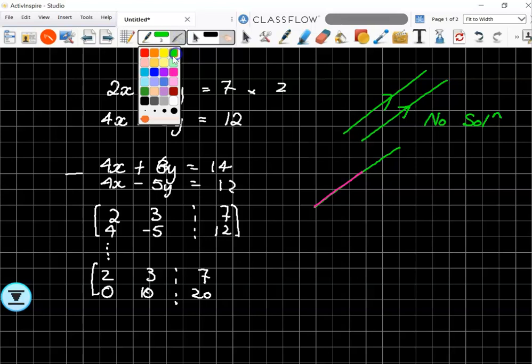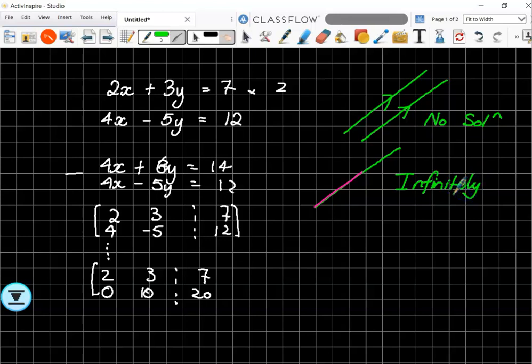And what does that mean? Infinitely many. And obviously the last one, where they intersect and we have one unique solution.